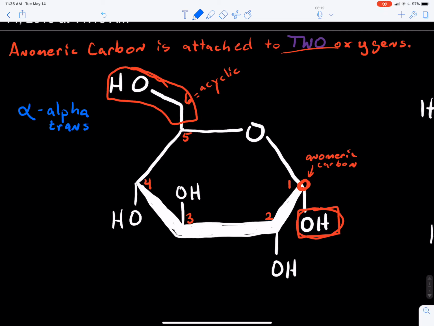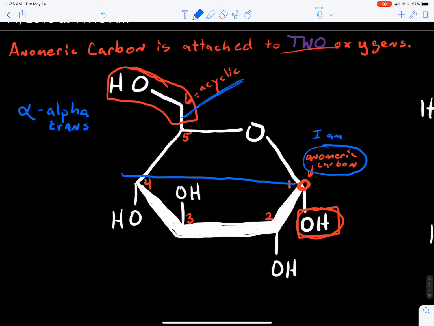Then the next thing you want to do is imagine yourself as the anomeric carbon, and you're looking down your ring. If the acyclic group over here is to the right of the line that you're looking down, to your right as the carbon, this is going to be a D sugar. If it's to the left, it's going to be an L sugar.